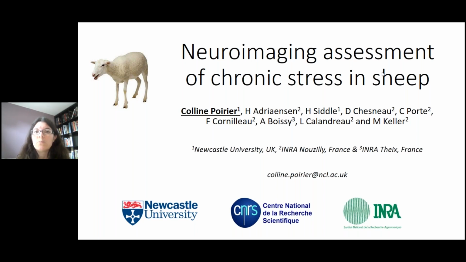So the strong hypothesis that we had is that we are not aware of any evidence suggesting that it might be different in sheep, but nonetheless, we still wanted to check that we could obtain a change of hippocampal plasticity in sheep, which is why we did this study. So neurogenesis is one of the 2 cellular mechanisms that would be responsible for the MRI change that we are detecting in this study. Thank you.